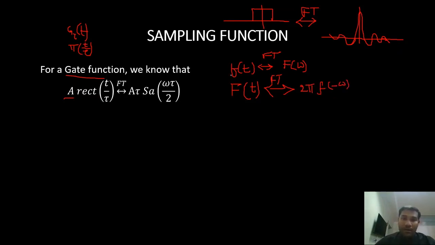Here small f of t is nothing but a into rectangle t by tau. Capital F of omega is a tau sampling omega tau by 2.